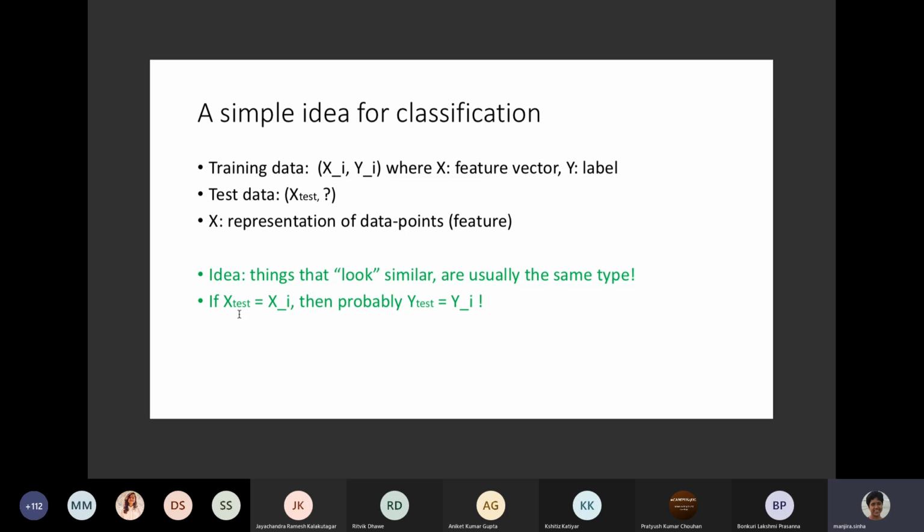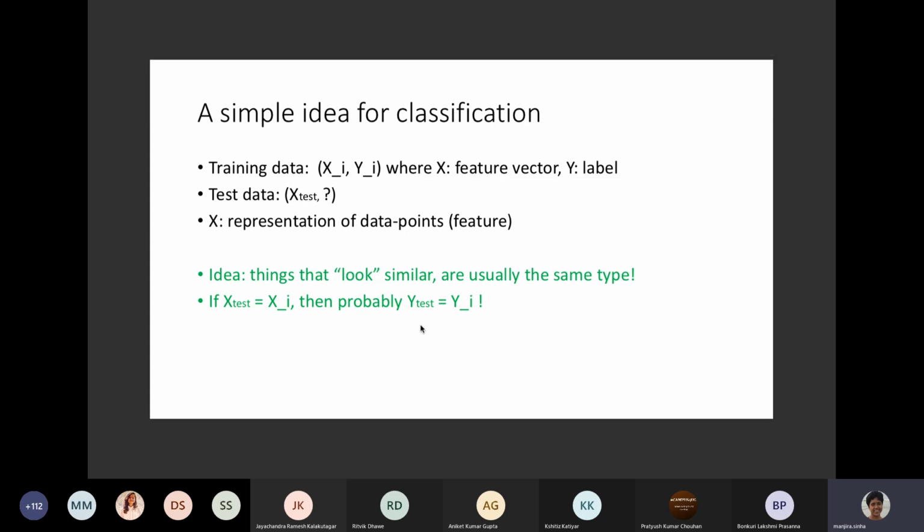So if x test is equal to xi, then probably the y test will also be equal to yi. So if my test data point looks similar, or in this case actually equivalent, to my ith training data point, then the label of my test data point will most probably also be the label of the ith data point.